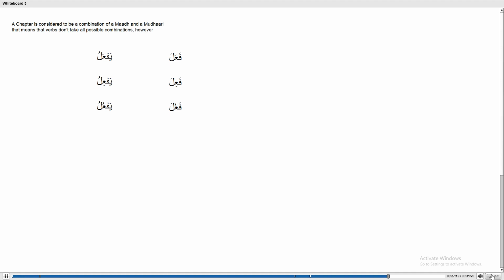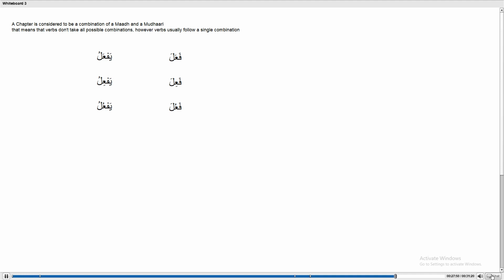However, every verb, or let's say verbs, usually follow a single combination. Okay? Allow me to explain.